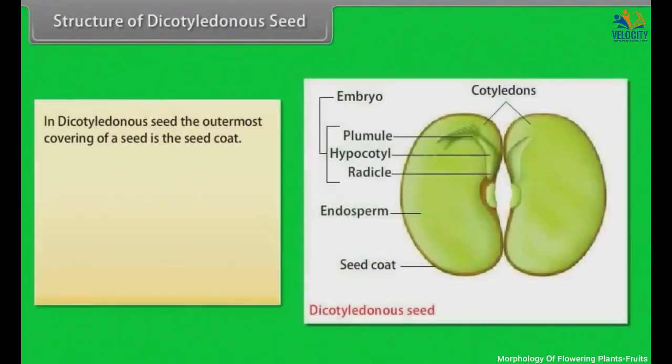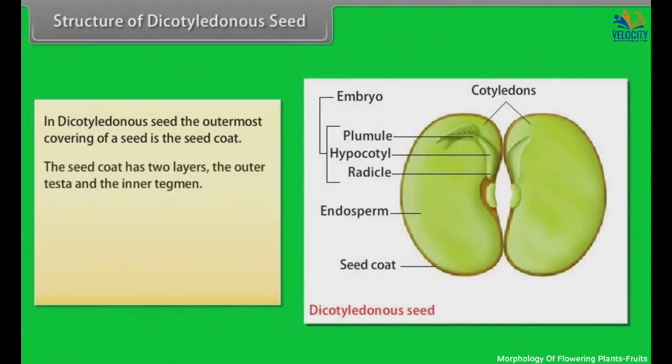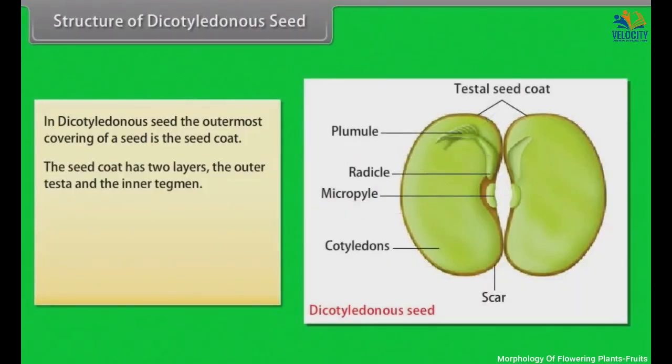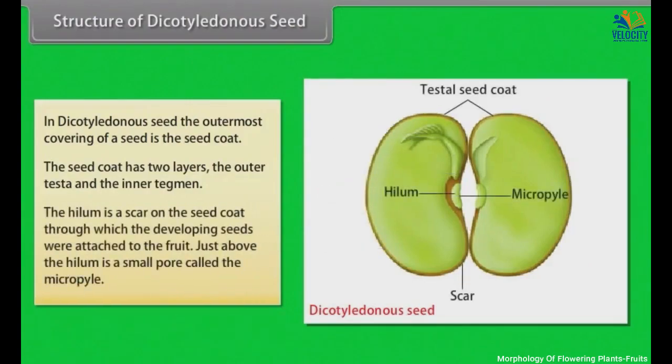Structure of dicotyledonous seed. In dicotyledonous seed, the outermost covering of a seed is the seed coat. The seed coat has two layers: the outer testa and the inner tegmen. The hilum is a scar on the seed coat through which the developing seeds were attached to the fruit.